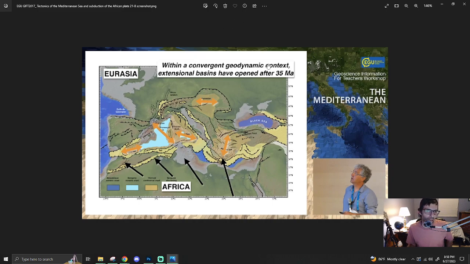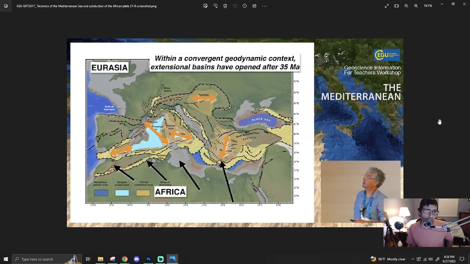Within a convergent geodynamic context, extensional basins have opened after 35 million. So again, extensional basins, here they are opening. So around the eddy space, where the currents are going, pretty much just where the currents are flowing, creating space in the region. Maybe it overreacted, like it went too far. It had to close the Tethys Ocean, so it did.